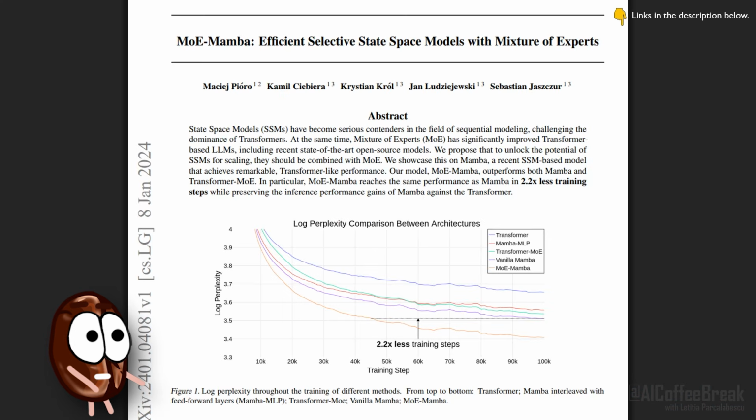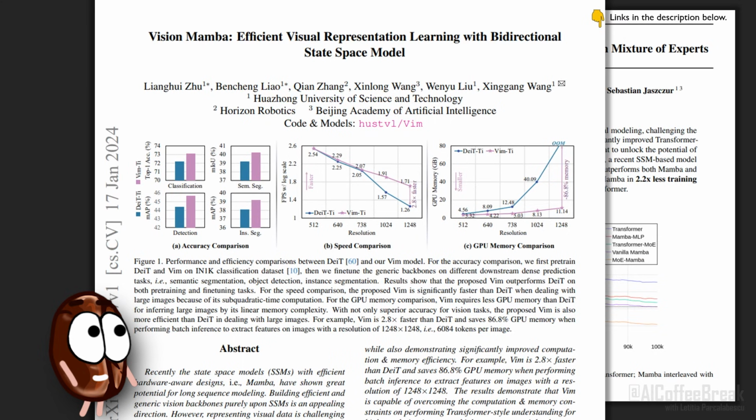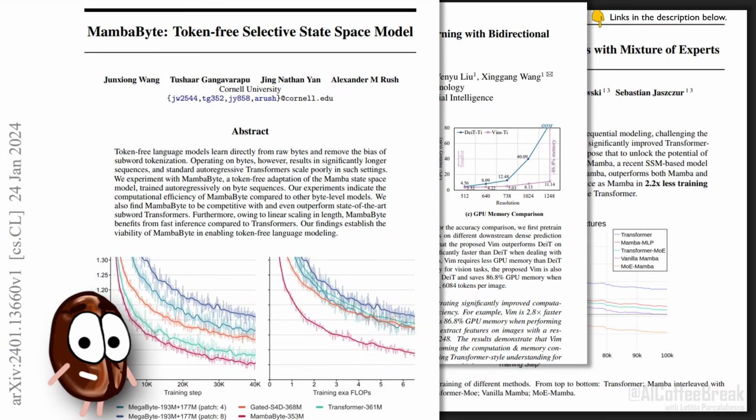So far, we already have a mixture of experts MAMBA, a vision MAMBA to process images. There is also MambaByte that uses MAMBA to learn directly from raw bytes, not relying on tedious tokenizers. Of course, having bytes as inputs makes the sequences very, very long, and where that was a problem for transformers which scale quadratically with sequence length, it is no problem for the linearly scaling MAMBA.